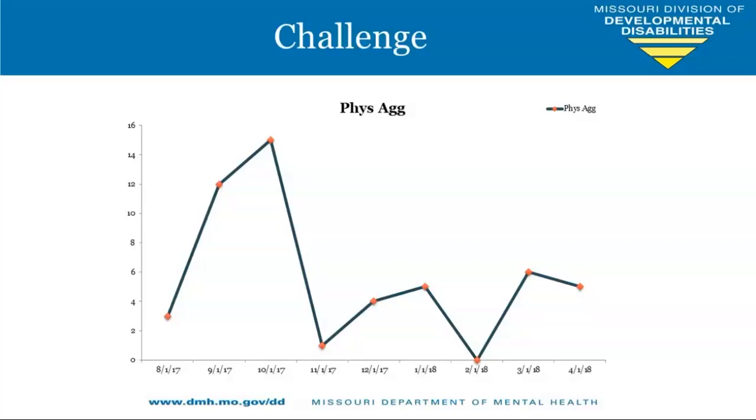So the exemplar that was identified wasn't the most perfect graph, but it definitely had all of the required elements. And so when people come to the Regional Behavior Support Review Committee, we are a support to the contracted behavior analysts as well as the team.